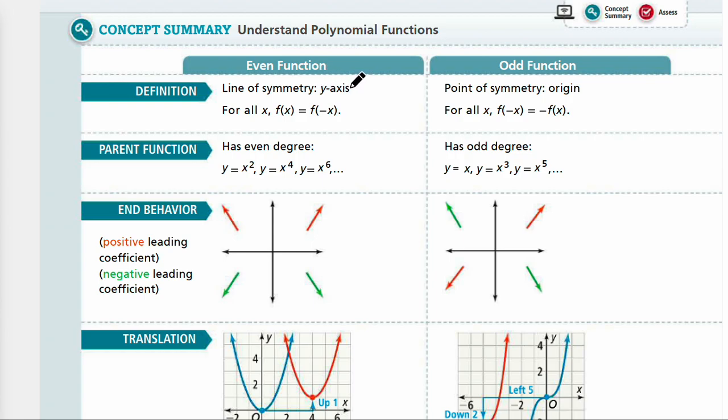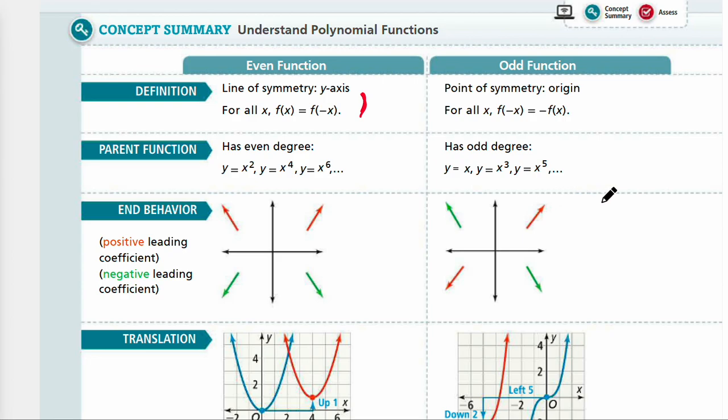It is also symmetric across the y-axis. And by algebra, f of x is equal to f of negative x because they're symmetric. And then odd functions, they are symmetric about the origin. And by algebra, f of negative x is always equal to negative f of x. So you can tell if it's even or odd by checking through algebra or by checking their symmetry.